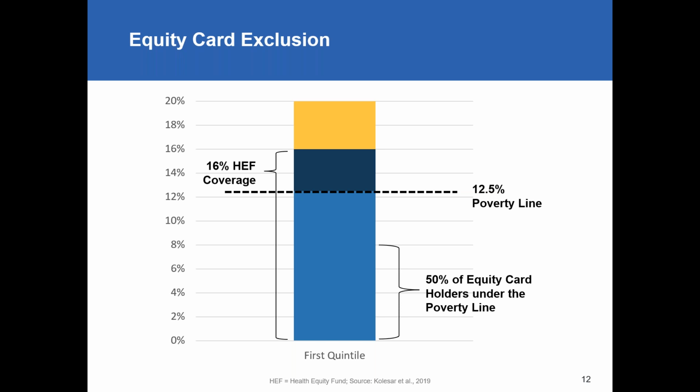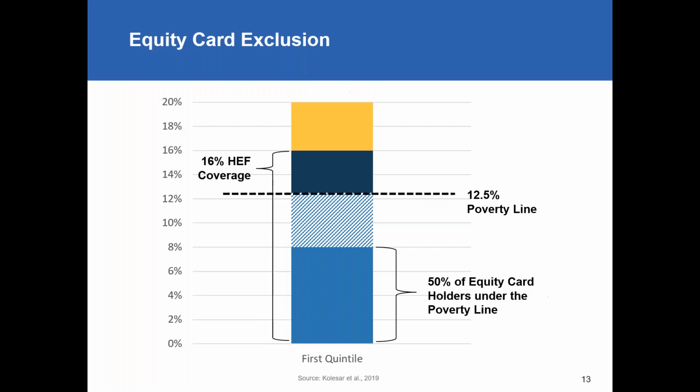As I noted previously, HEF covers about 16% of the population. This is less than the proportion in the first wealth quintile, 20% by definition, but higher than the national poverty rate of 12.5%. A recently completed analysis found that less than 50% of equity card holders are under the national poverty line.